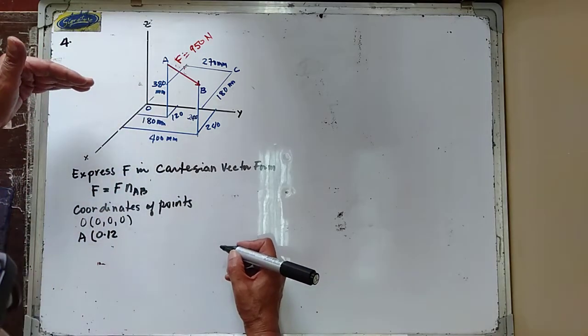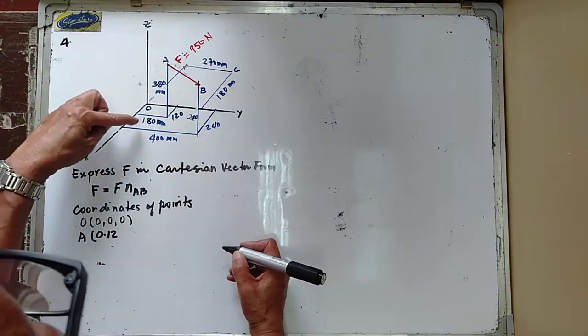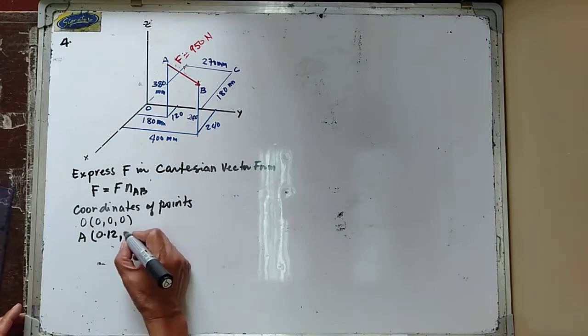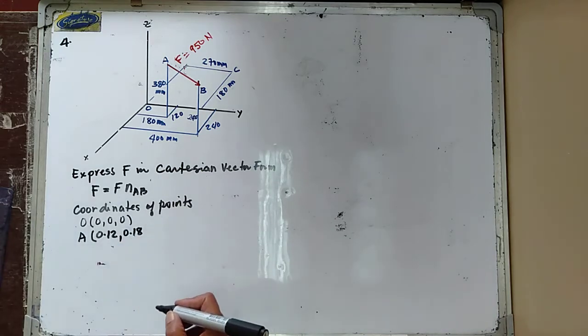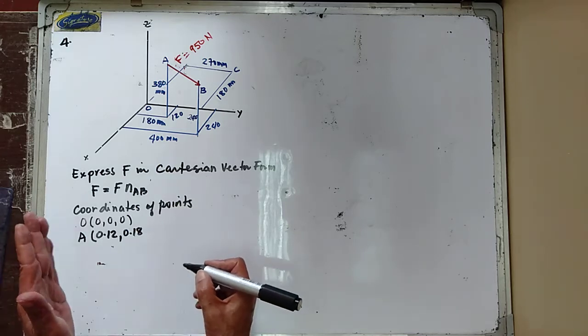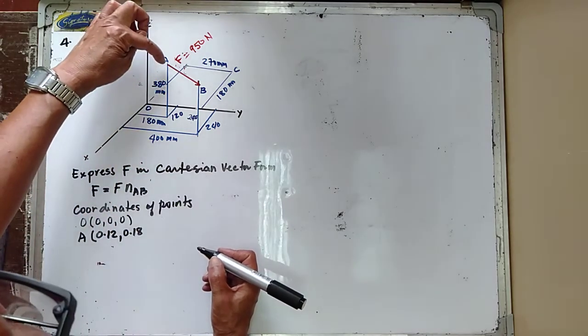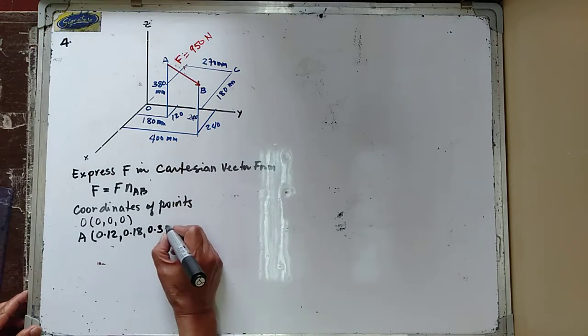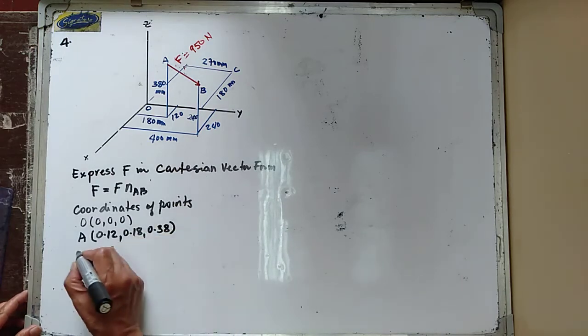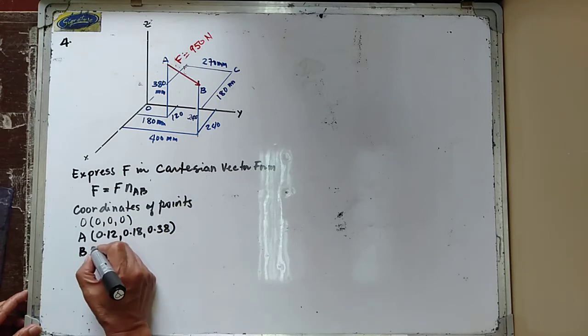In the y-axis, it is 180 mm, or 0.18 meters. And in the z-axis, it is 380 millimeter, that is 0.38 meter.